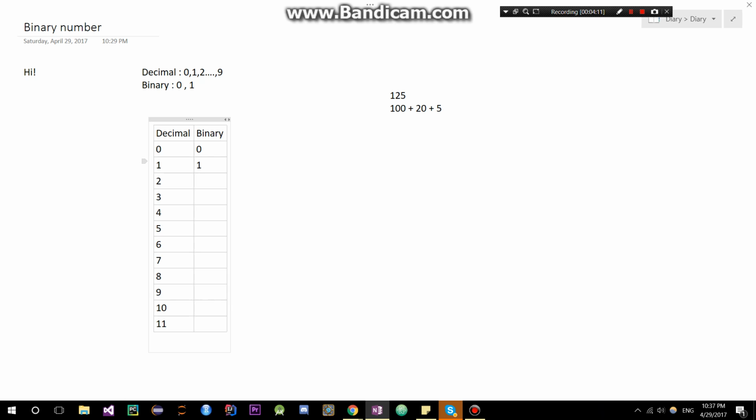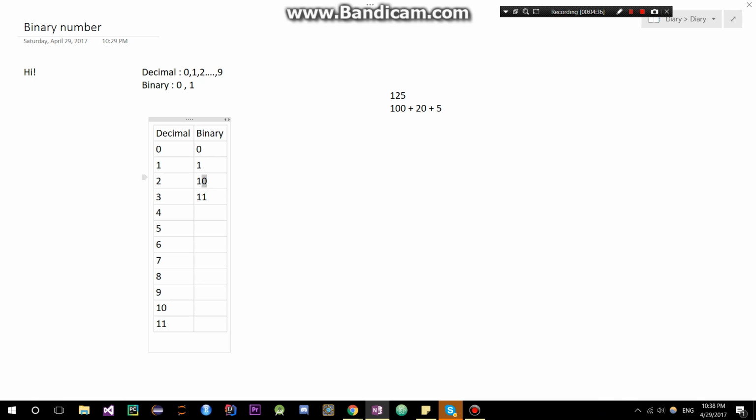Okay? So same concept here. If binary can only go up to 1, that's the maximum, then it becomes 0, right? The digit becomes 0, and we have to introduce a 1 in front of it because it's pushing one digit forward. All right, 3. 10 plus 1 is 11, right?